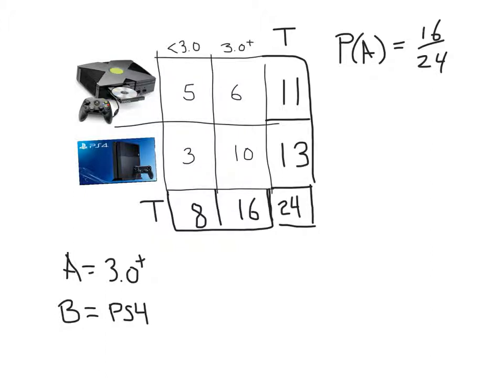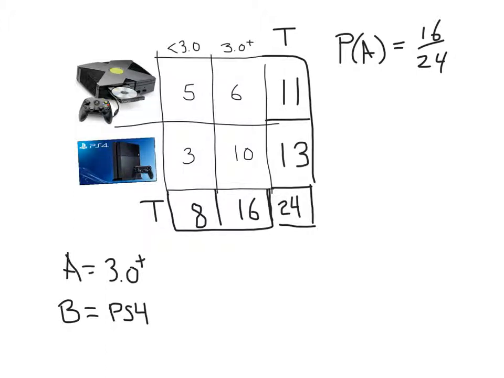Now, what about having a PS4? Again, you just randomly pick a kid and say, hey, what do you have? Do you have a PS4 or do you have an Xbox? And you notice that there are 10 students that have the PS4, so 10 out of 24.